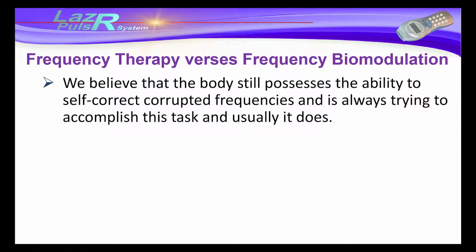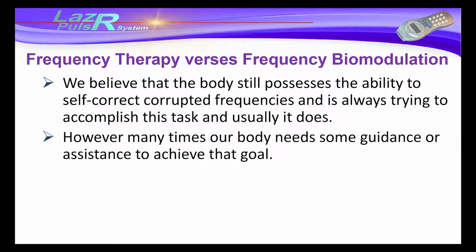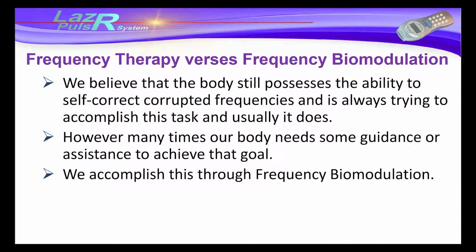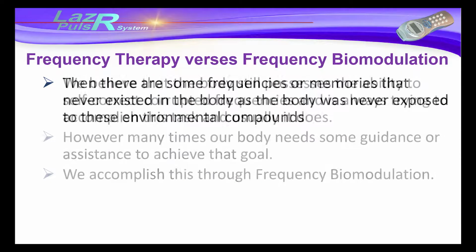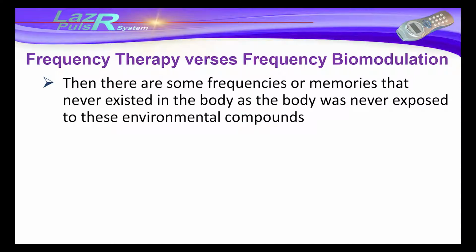We believe that the body still possesses the ability to self-correct corrupted frequencies, and it's always trying to accomplish that task. And usually it does. However, many times our body needs some guidance or assistance to achieve that goal. We do this through frequency biomodulation. Then there are some frequencies or memories that never existed in the body, as the body was never exposed to these environmental compounds, which is why we utilize homeopathic remedies as part of our therapy system.